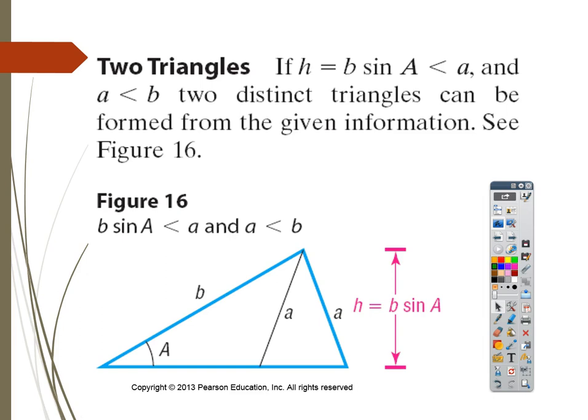Now, how do I figure that out? The way I figure that out is that they say here A has to be less than B. Again, this is the part where I need you to translate.